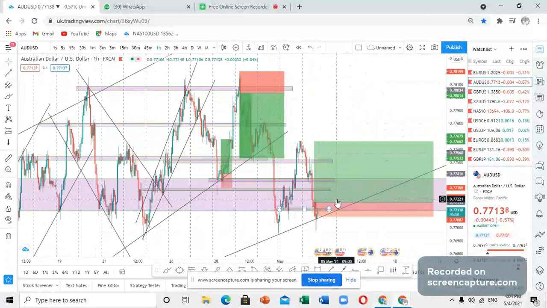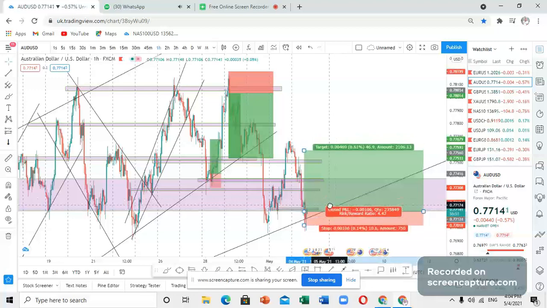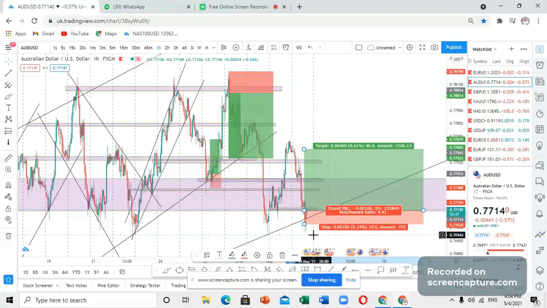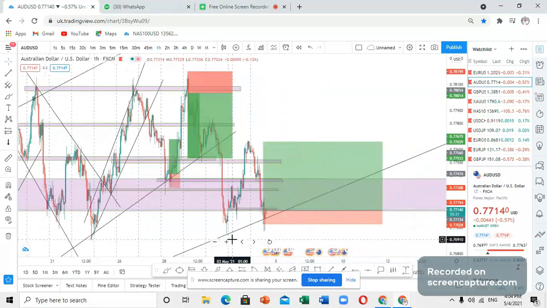But I'm currently expecting the markets to move to the upside again, hopefully. But as I've said, please be careful when you are placing in your trades, especially on AUDUSD. It is somehow tricky. So currently, this is the trade that I'm expecting to place.